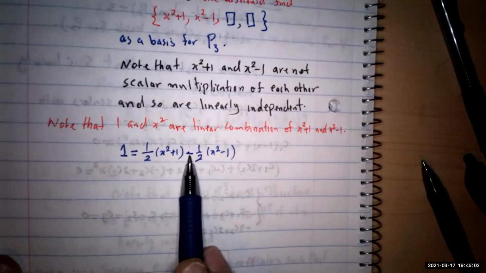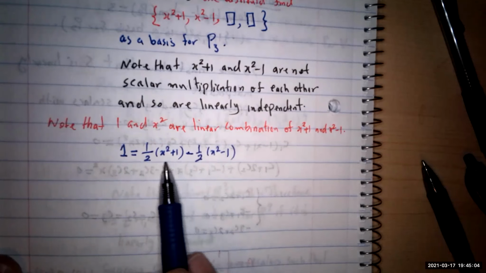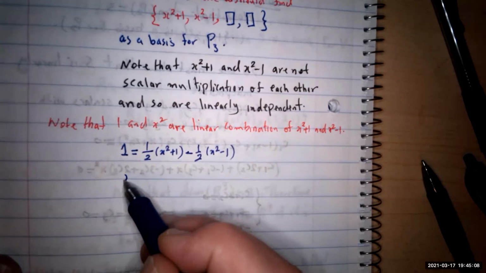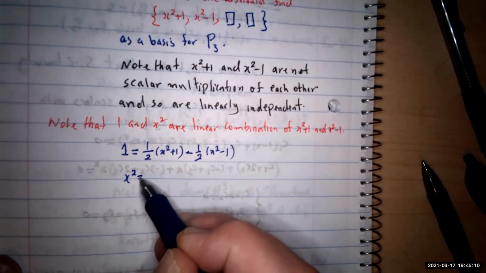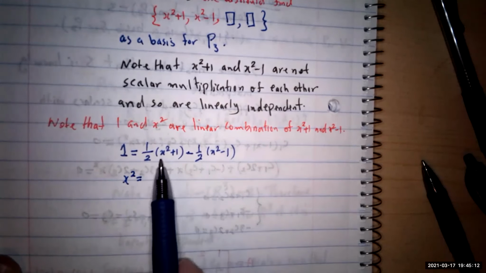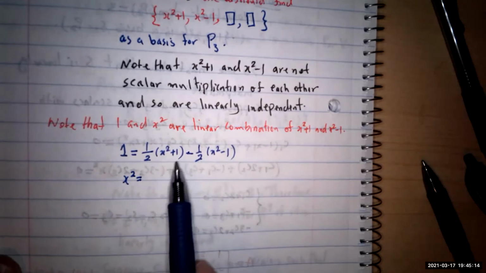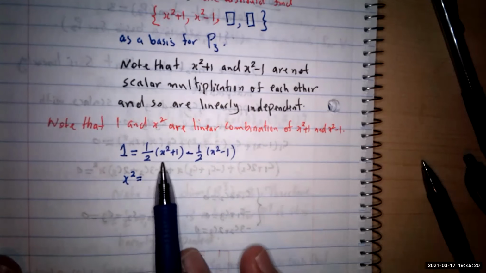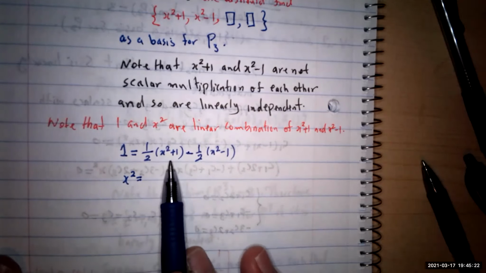That gives a positive 1/2 and a positive 1/2, which is 1. The x squared is the same thing. If you subtract these two, that gives you x squared.